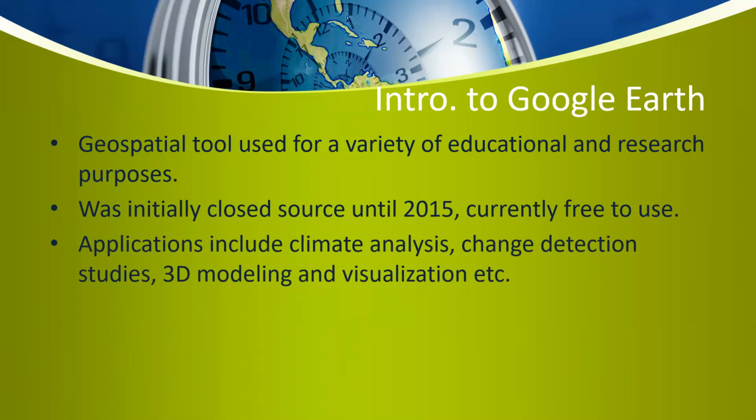It is used in climate analysis, change detection studies, wherever things have changed. It's also used in 3D modeling of buildings, 3D features, the relief or the undulation of the land, the way the Earth has mountains, valleys, and what have you.